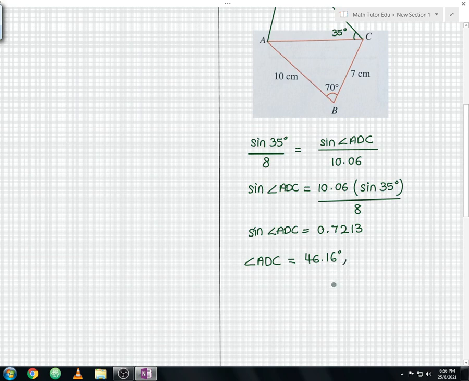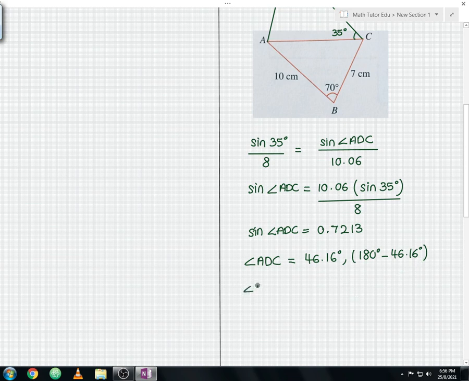And then for the second answer, you need to come up with the value such that it fulfills the sine angle ADC. Basically, in which quadrant will your sine angle be positive? It will be in the second quadrant, guys. So in order to come up with the second quadrant value, you do 180 degree minus 46.16 degree. You perform these calculations.